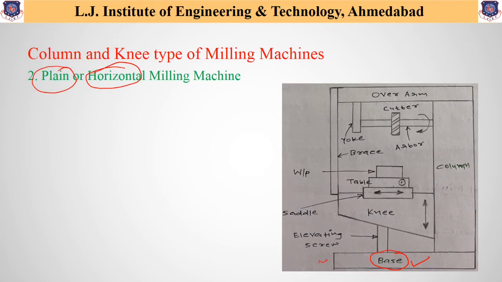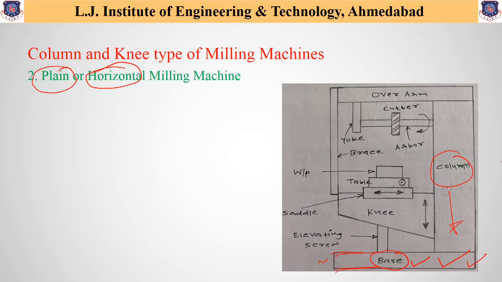Both its top and bottom surfaces are accurately machined, so that it remains parallel to the plane to maintain proper machining operation. And as the base is available at the bottom of this machinery, it acts as the load taking member, because the entire load of this machinery comes under this base.